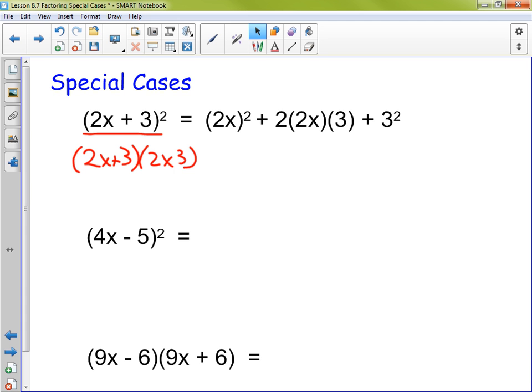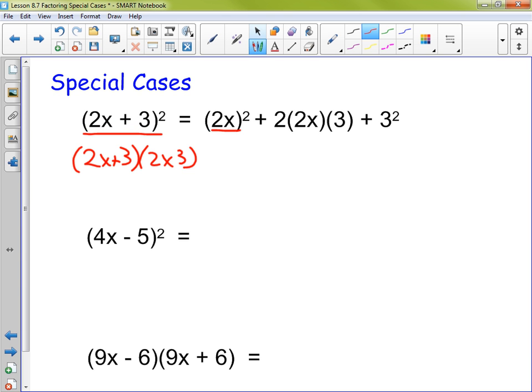The special case was: take the first term and square it, take the second term and square it, and then to find the middle term, you multiply the two things together and double it, double times 2x times 3. So this special case becomes 4x squared, 9, and the middle becomes 12x.